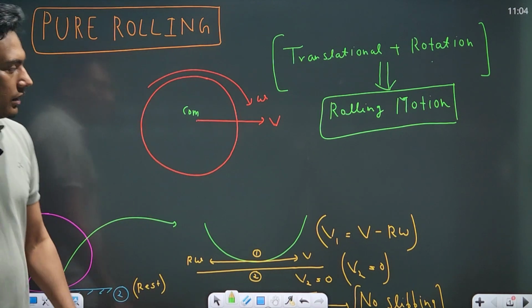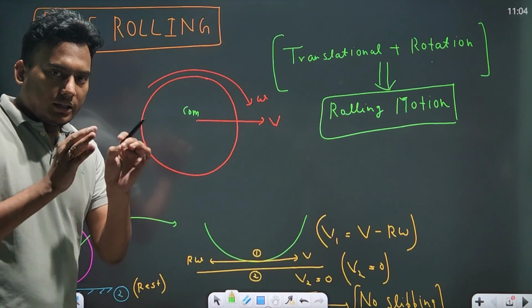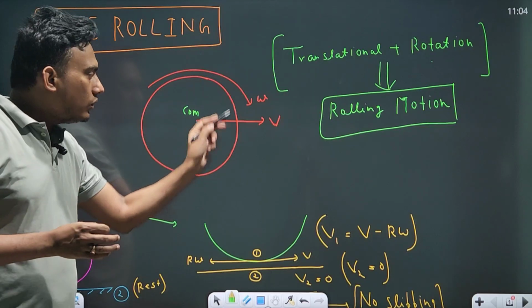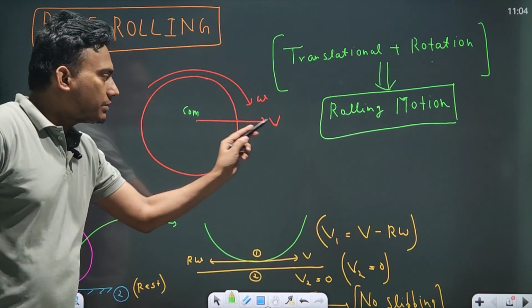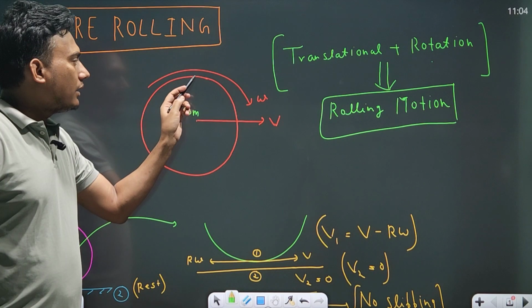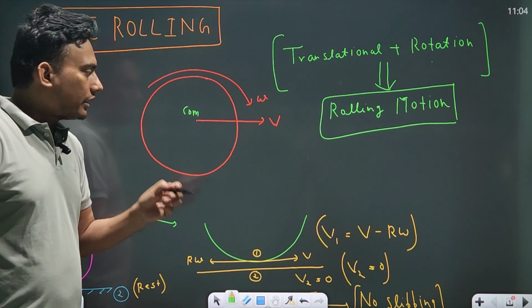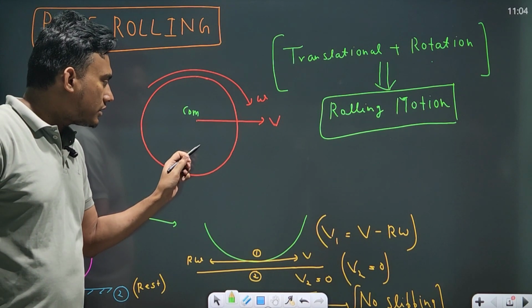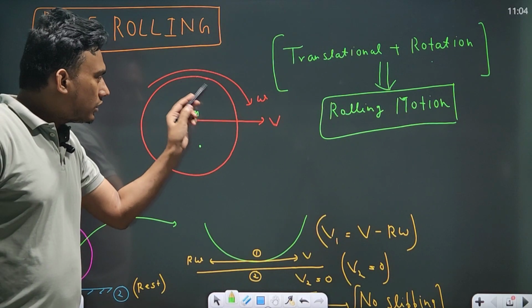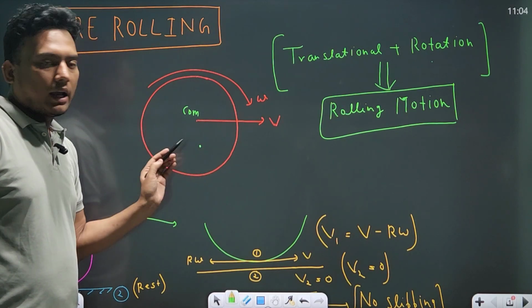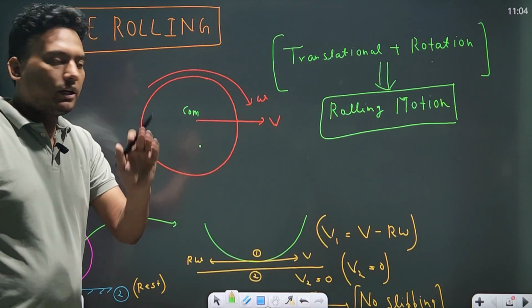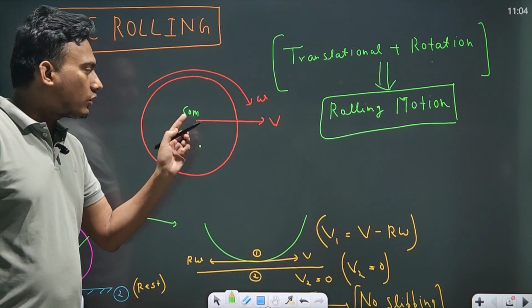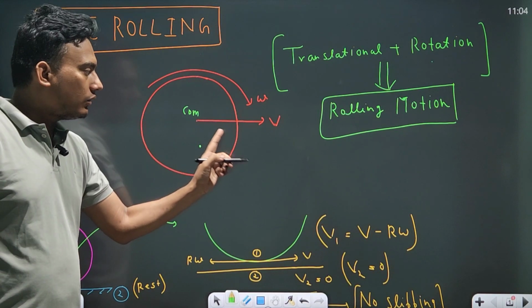This linear speed is valid for all points, but only for the linear motion. Suppose center of mass has a speed V. If I take a point on the circumference, and a point in the middle, a general point, then if the wheel has an infinite number of points, all these points have the same linear speed V, because the speed of center of mass is valid for all points, but only for linear velocity.